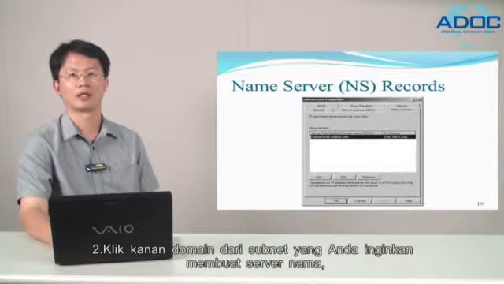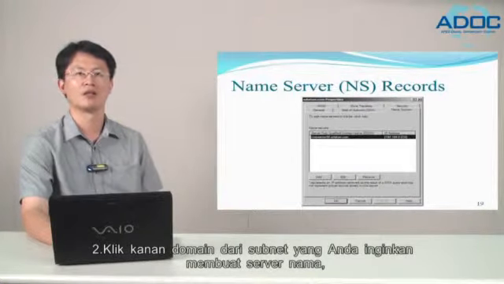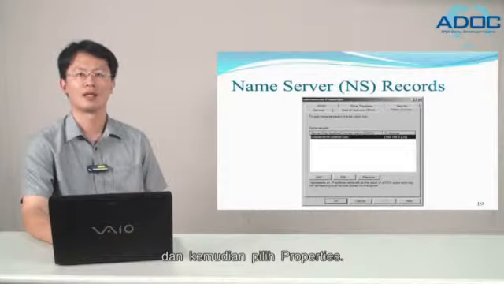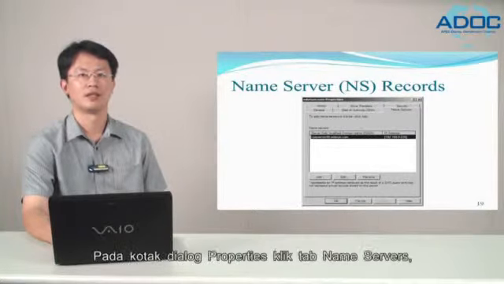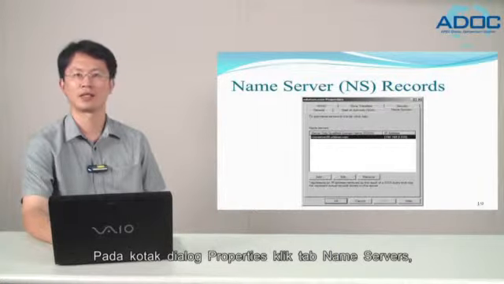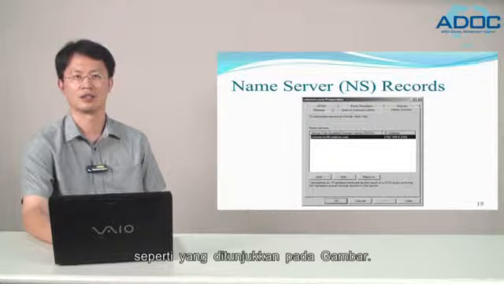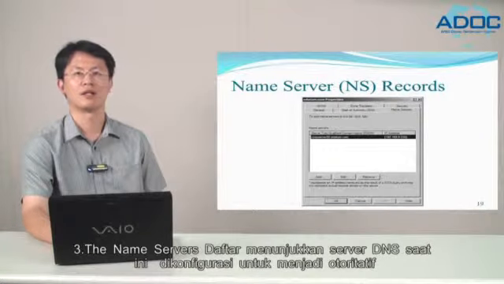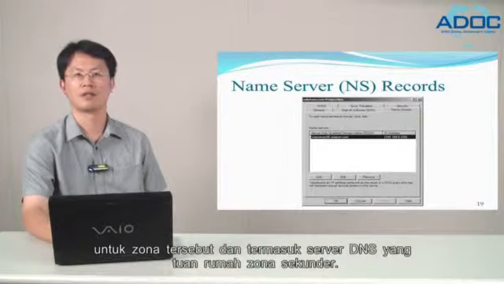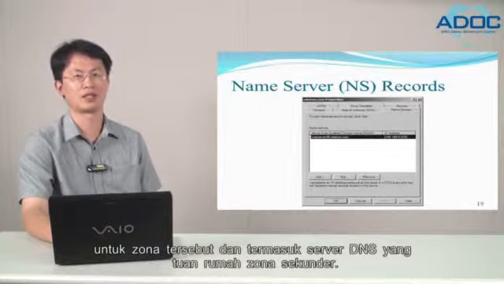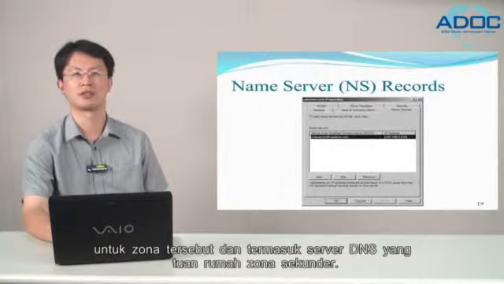Second, right-click the domain or subnet for which you want to create name servers, and then select Properties. In the Properties dialog box, click the Name Servers tab as shown in the figure. Third, the name servers list shows the DNS servers currently configured to be authoritative for the zone and includes DNS servers that host secondary zones.